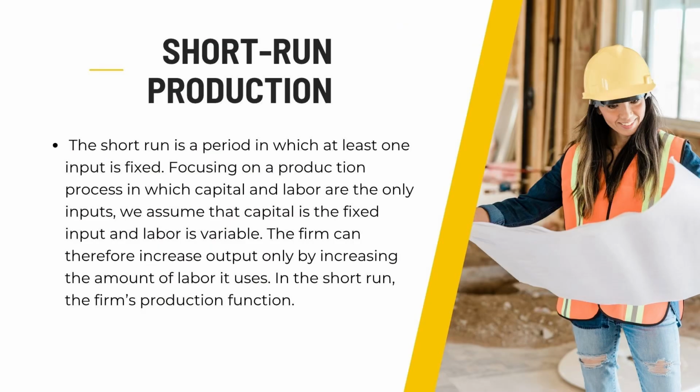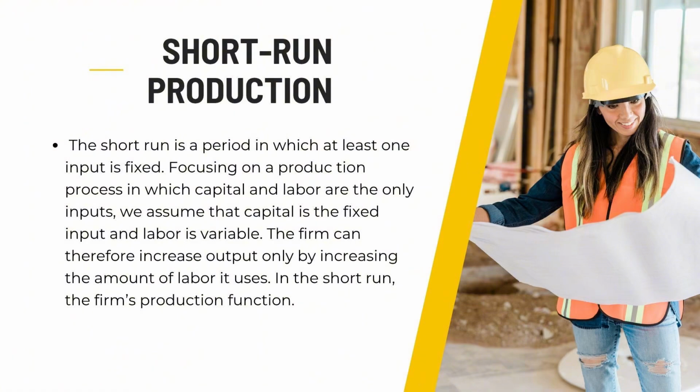In production, there are two time periods that we need to understand, the short run and the long run. So in this part, I will be discussing the short run production. In the short run, there is at least one fixed input, such as capital, while other inputs like labor can be changed.